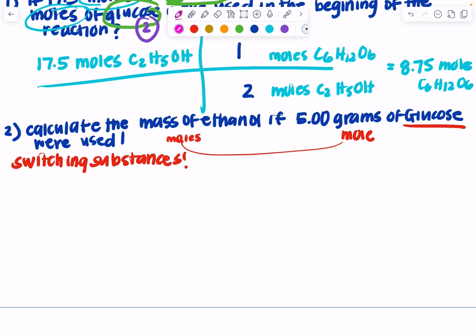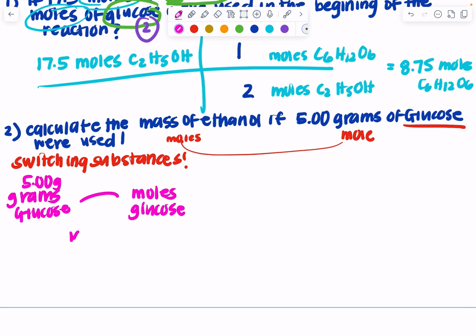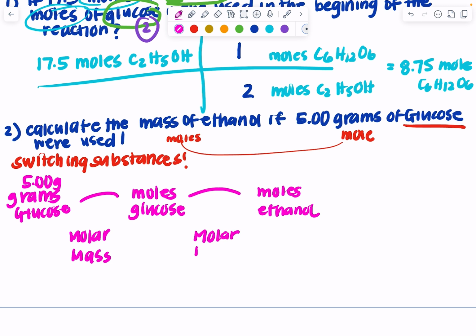So what we're trying to do here is we're in grams of glucose, and specifically that's 5 grams of glucose. We then need to go to moles of glucose. We do this by finding molar mass. Then we're going to go to moles of ethanol, which we're going to use molar ratios or stoichiometry for. And then we're going to go to mass of ethanol, and we're going to do this using molar mass.